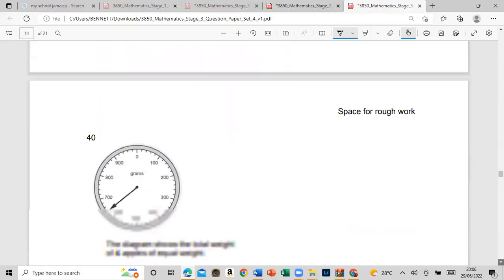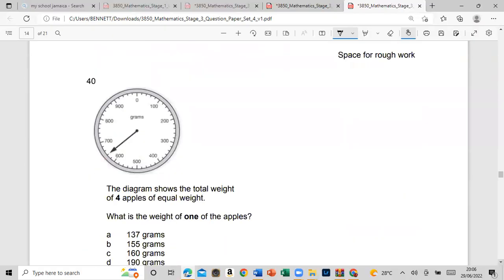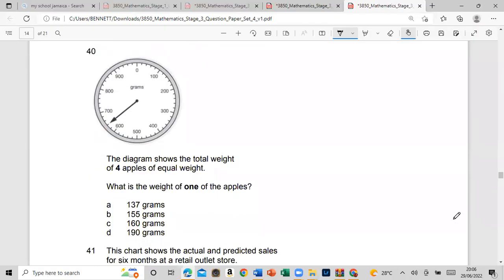Alright, so let's move on. The diagram shows the total weight of 4 apples of equal weight. What is the weight of one of the apples? So we are at 600. Let's see how we reach 700 now. 1, 2, 3, 4, 5. So for 5, it means it'll go by 20.